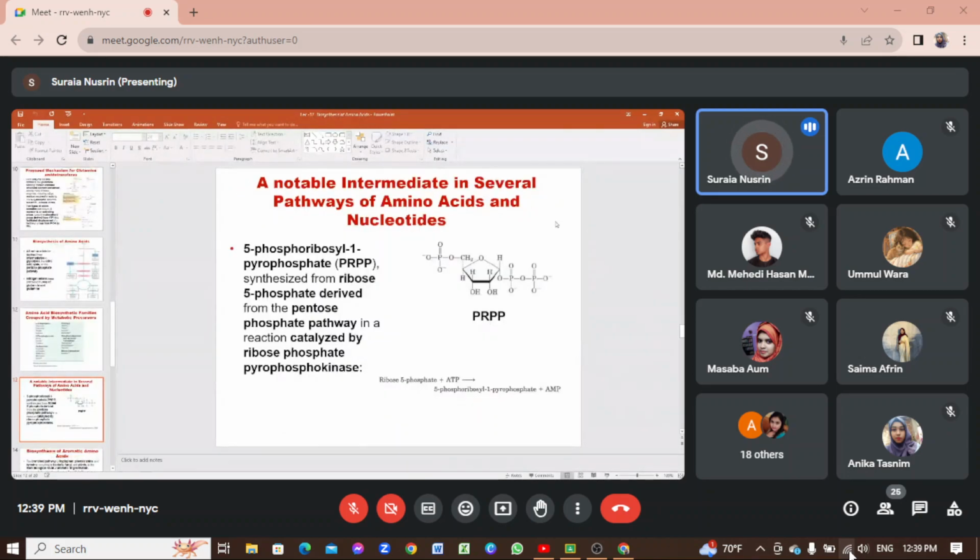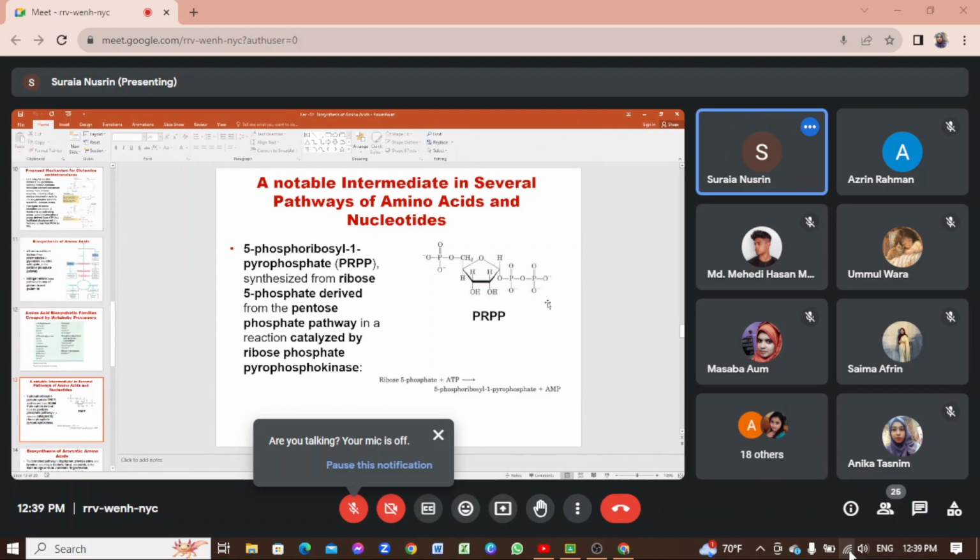In the amino acid biosynthesis pathway as well as the nucleotide biosynthesis pathway, there is a notable intermediate, and that is 5-phosphoribosyl 1-pyrophosphate.